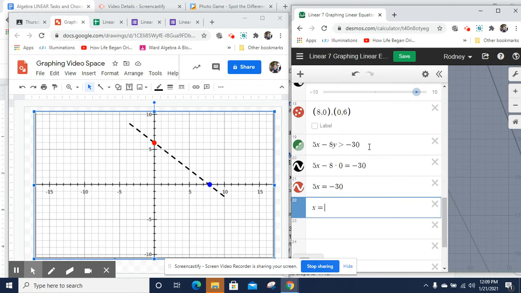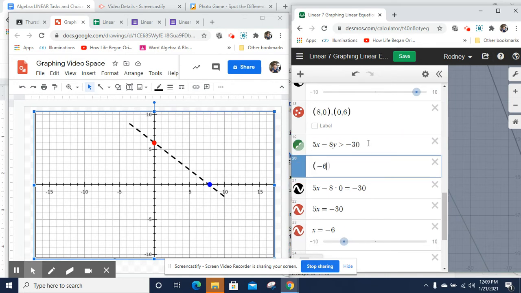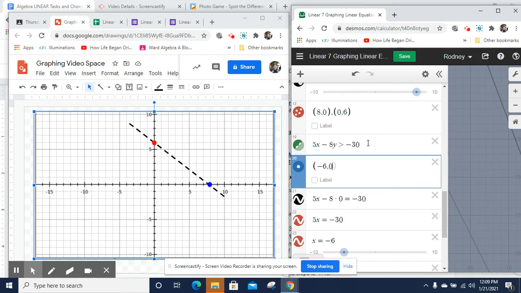So x is equal to negative 6. So we would have an x-intercept at negative 6, comma 0. So let's move the x-intercept over there to negative 6, comma 0. There it is. Now we need to find the y-intercept. The y-intercept is going to be messier, as you might be able to see in the y.